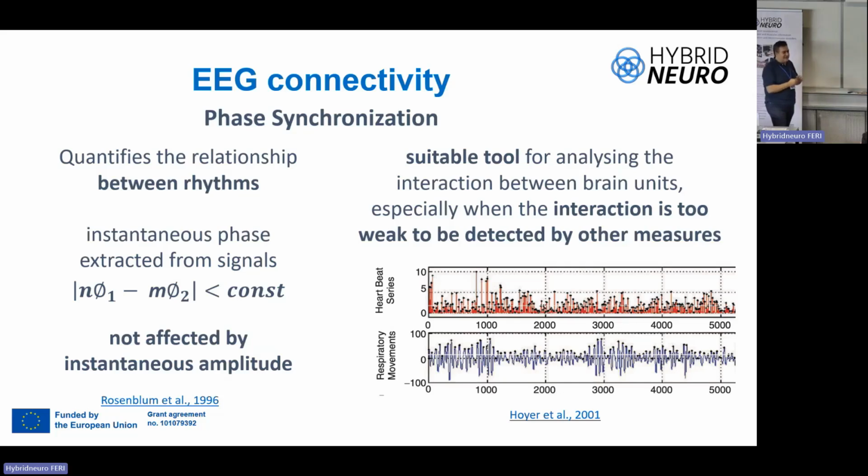The phase is not so relevant, because we are interested only in the energy, the power of each specific band, etc. But really for brain connectivity, you have to consider the phase, not the magnitude.